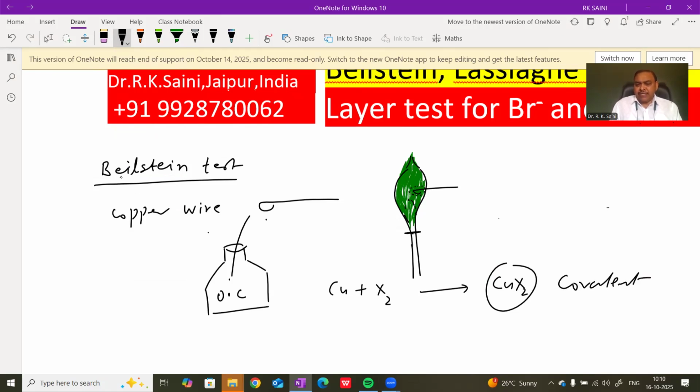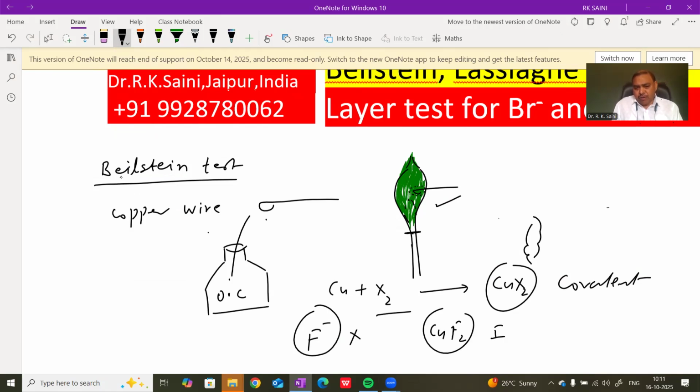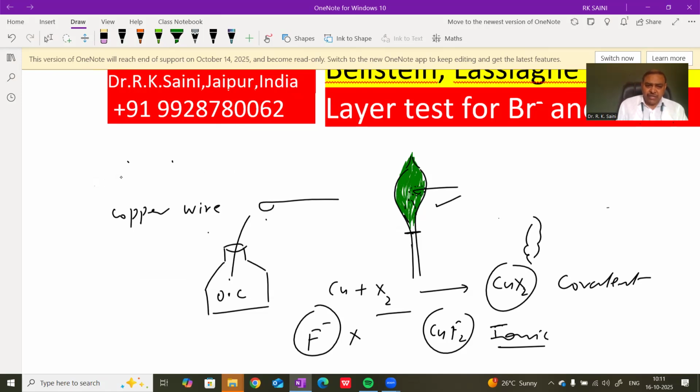And we know that covalent compounds are volatile, and they impart a green or bluish green color to the flame. Therefore, this test cannot be given by fluoride ion, because cupric fluoride is an ionic compound, and ionic compounds have high melting and boiling points and are non-volatile. Okay, so this is the Beilstein test.